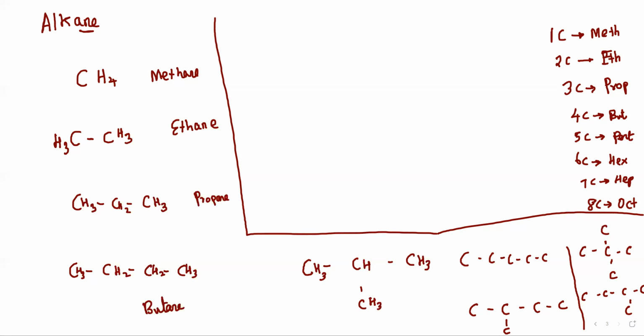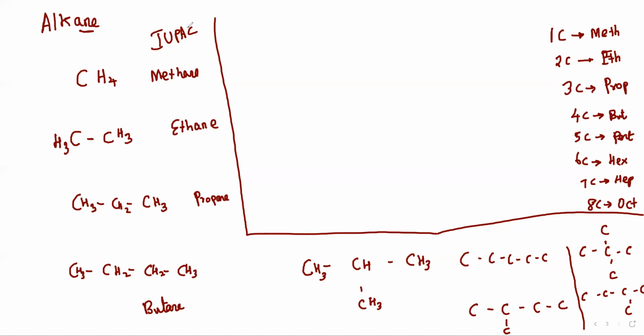So now for the name of this, you can write 2 kinds of name. Whatever names we are writing here are called the IUPAC name. The IUPAC is the organization that decides how to name organic compounds, how to name chemical compounds.